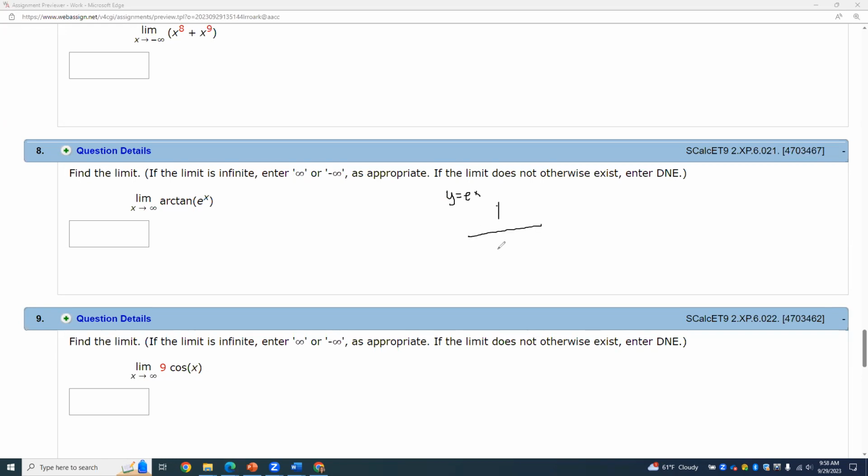This graph has a horizontal asymptote as x approaches negative infinity; over on the left-hand side, it's going to 0. But as we look to the right-hand side, it's going up to infinity, increasing without bound. They love that because they use all different variations of the limit of e to the x.